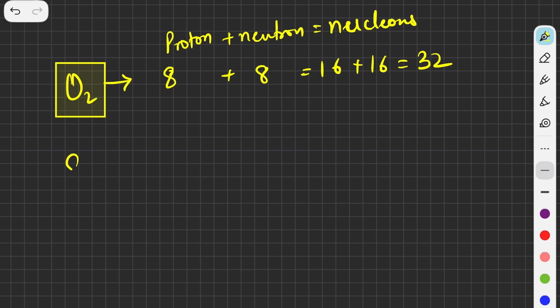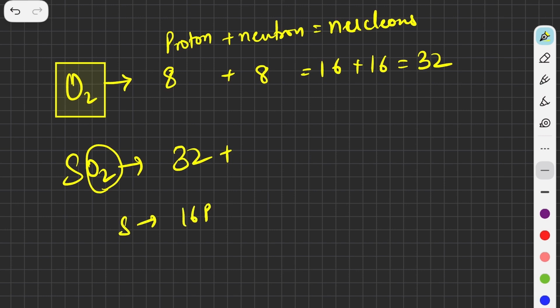Now in a similar manner, if I do it for SO2, as it contains O2, it will have 32 for oxygen. Now sulfur lies at number 16, so it has 16 protons and 16 neutrons.